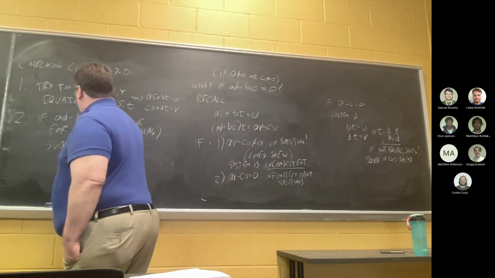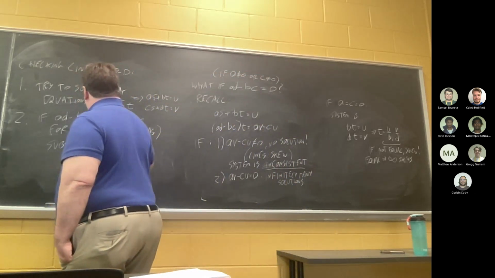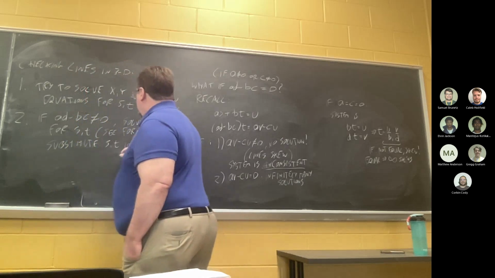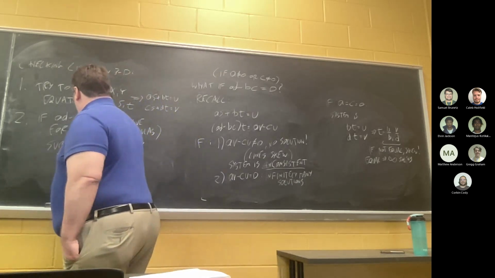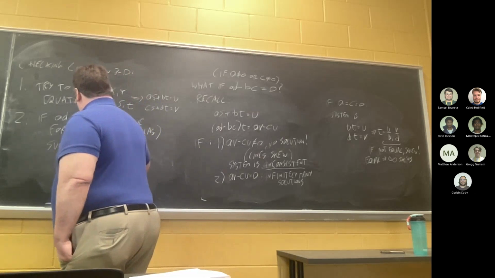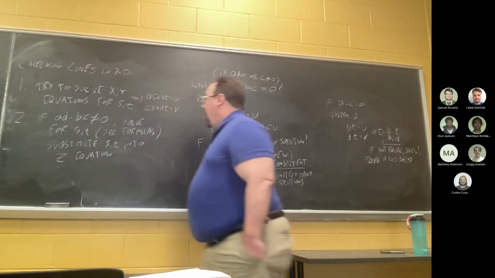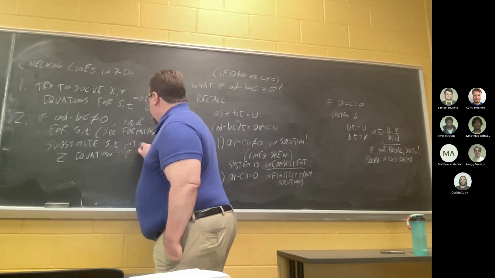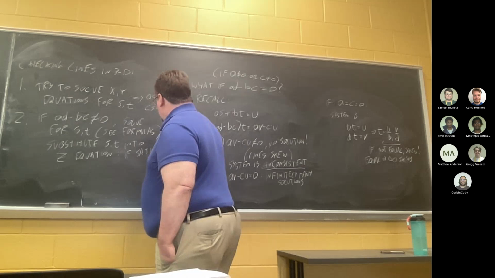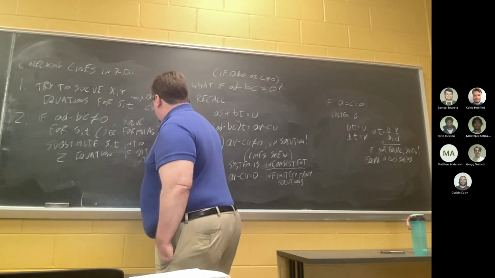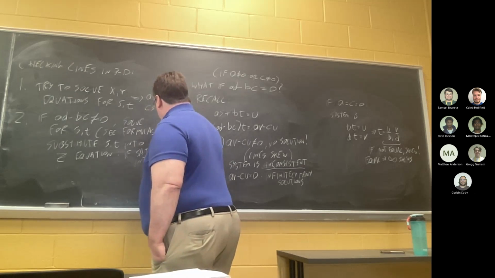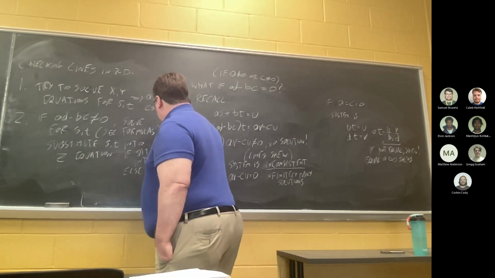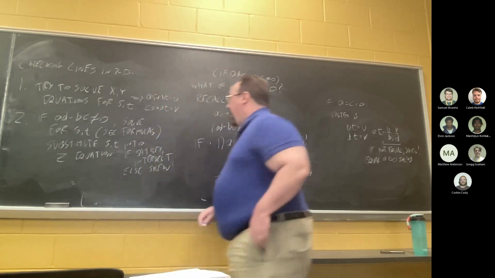Then you substitute those S and T values into the Z equation. If they satisfy it, then the two lines intersect. If they do not, then the two lines are skew.